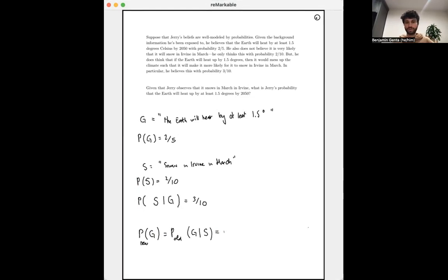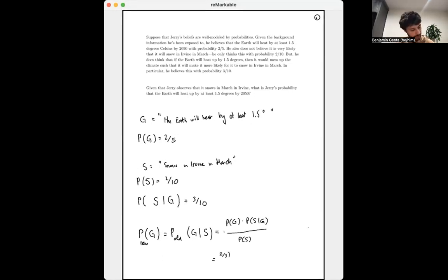Okay, and so what is this by Bayes' theorem? Well, it's the probability of G, we know, times the probability of S given G, over the probability of S. And so now we just plug in, we have all of these. We don't have to do any fancy footwork here.